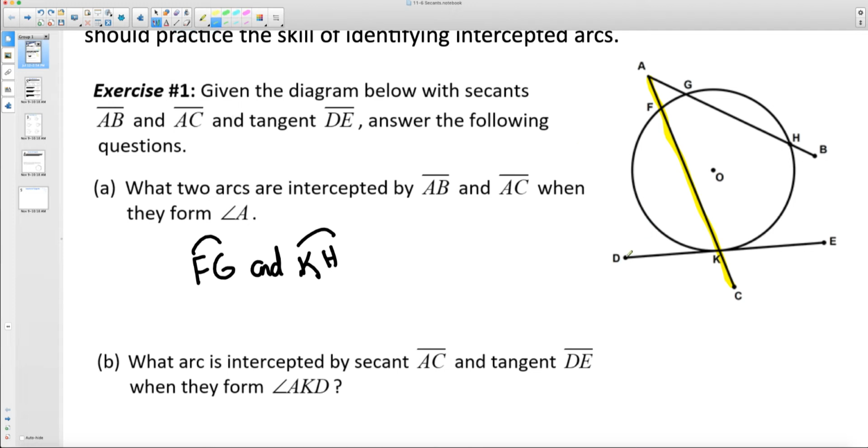So we're also looking at this tangent. And we want to specifically look at the arc that's intercepted when it creates angle AKD, so this angle right here.